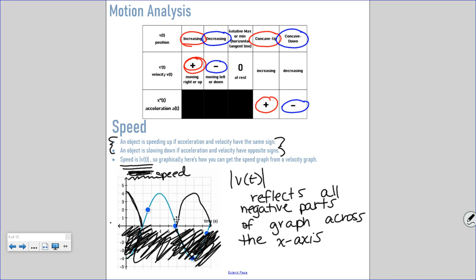And then slowing down from 4 to 6, speeding up again from 6 seconds to 8 seconds, and then slowing down. So once again, slowing down, speeding up, slowing down, speeding up, slowing down. So those are a couple ways that you can tell speed.